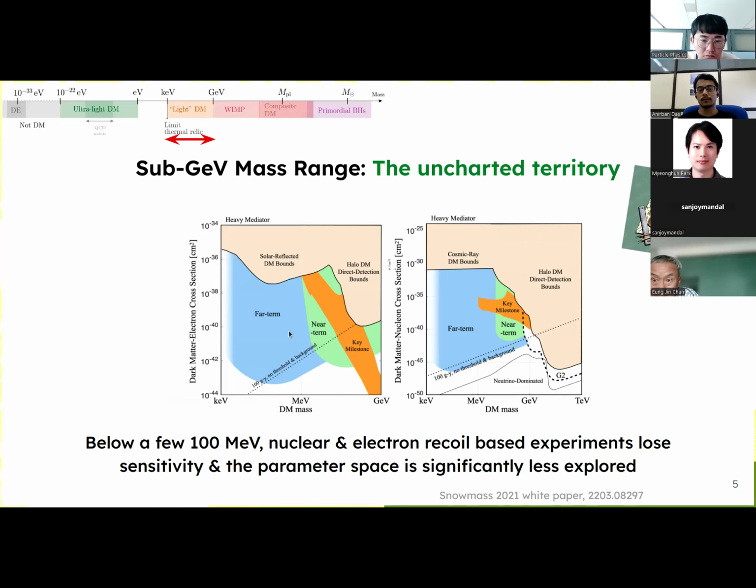And far term is going to take even longer. And this orange band is typically some theoretical models which predict the dark matter nucleon cross section in this part. So even though we do not have any constraints in this part, hopefully within the next decade or so, we'll have something.